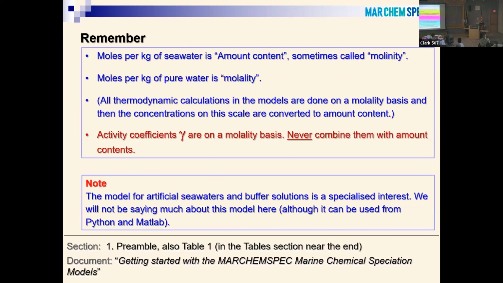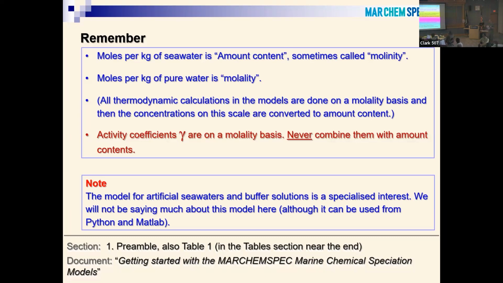So a couple of words about concentration units. The standard in oceanography is moles per kilogram of seawater, for which the IUPAC recommended term is amount content, which isn't very informative. There was an effort in the past to call it molality, rhymes with salinity. I occasionally use this, but you will hear me speak about amount content.